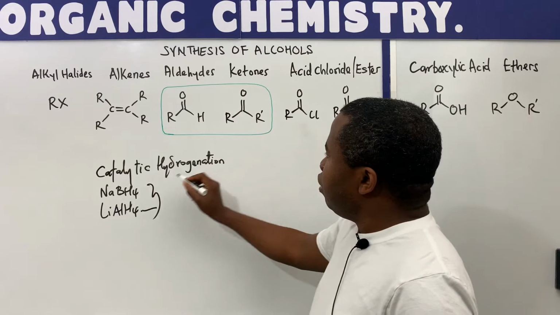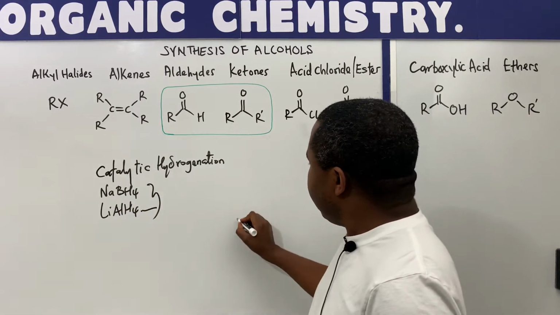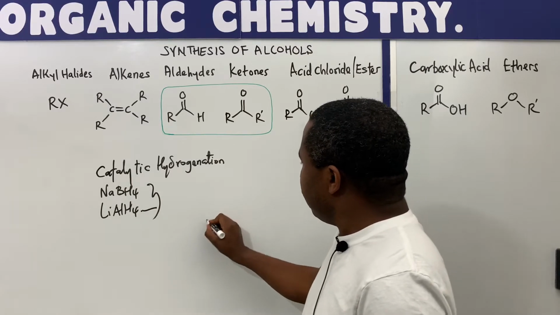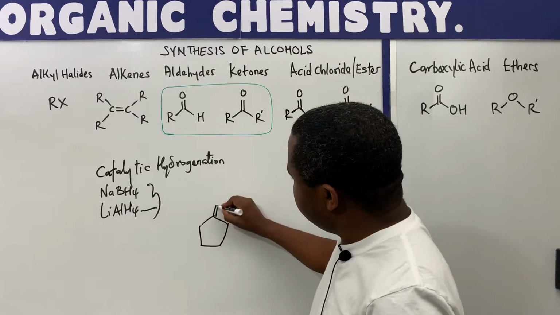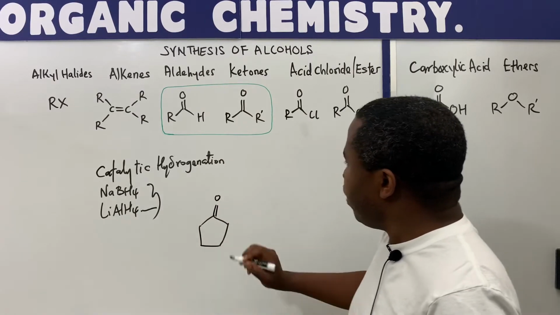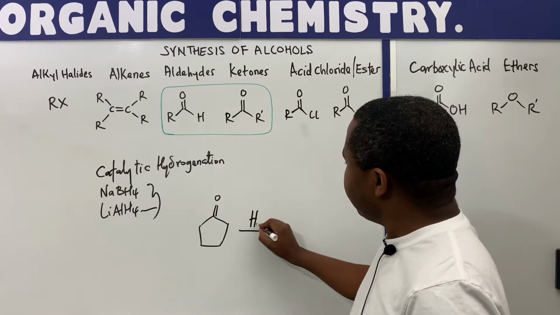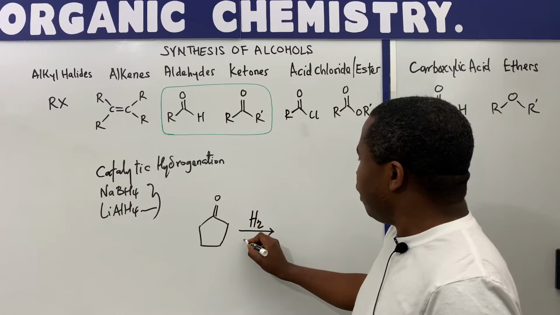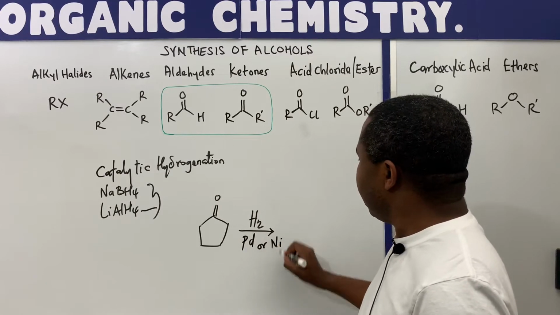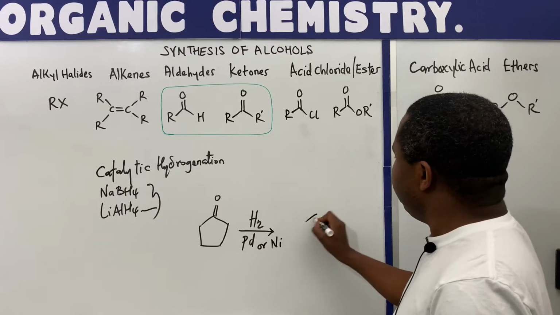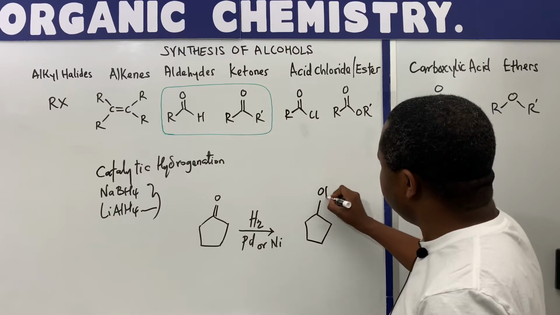So in using catalytic hydrogenation, we're basically using hydrogen gas. So let's say we have something like this. So this is a cyclopentanone. If we pump in hydrogen gas in the presence of, say, palladium catalyst or maybe nickel catalyst, we're going to achieve this transformation to form an alcohol.